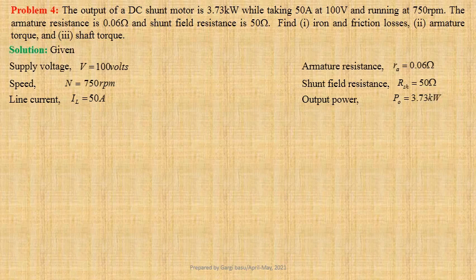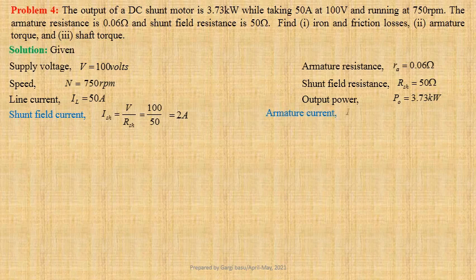Let us first calculate shunt field current. ISH equals V by RSH. Using values, we get 100 divided by 50, that is equal to 2 ampere.